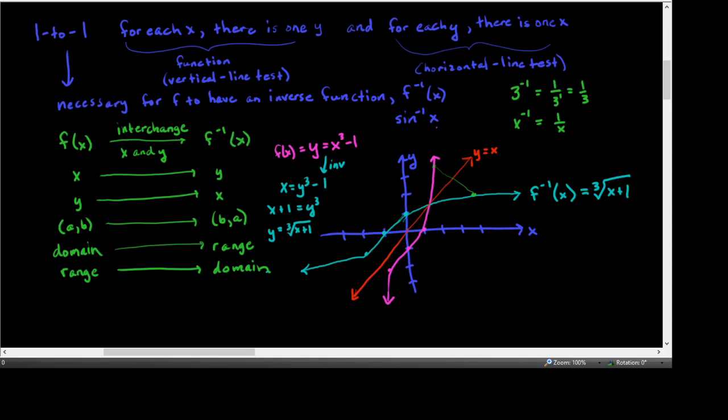Again, I said I didn't do a great job of drawing this. This actually right here isn't too bad. That point and that point are on either side. And so this is the ordered pair generically (a, b). And this is the point on the inverse that's at (b, a). And whenever you do that, the reflection of the function over the line y equals x will be the graph of the inverse function. Okay? So that's kind of a neat thing about inverses.